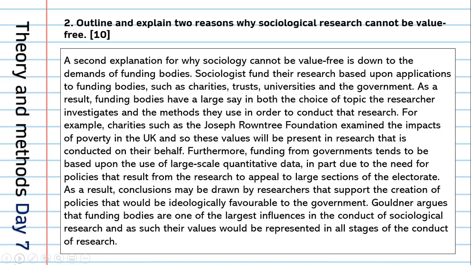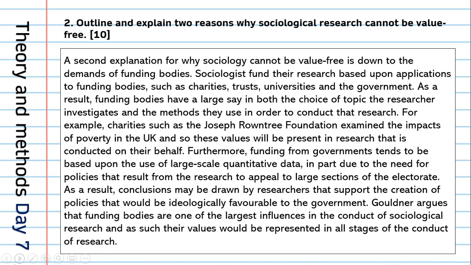However, we know that the Joseph Rowntree Foundation is going to look for poverty, so that might influence the findings of the researcher if they are looking to prove the Rowntree Foundation's point. Of course, I'm not saying the Rowntree Foundation isn't objective. I'm just using that as an example.